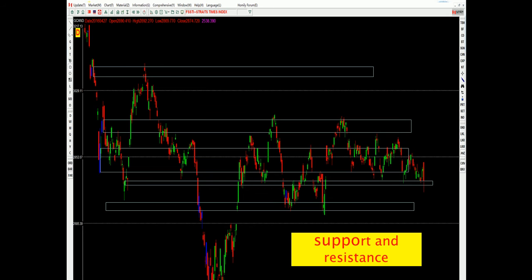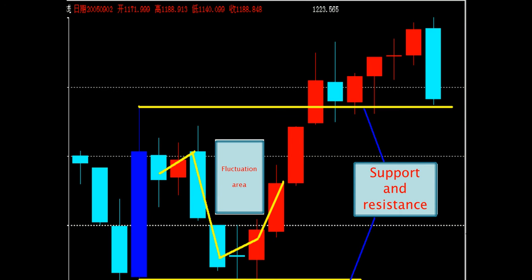You can pay attention. So this is the support and resistance. Let's see this one. This is the blue candlestick, right? Just now I taught you. This is the weak resistance, the strong resistance, weak support, strong support. Okay. So if you see the price, this is the big blue candlestick.